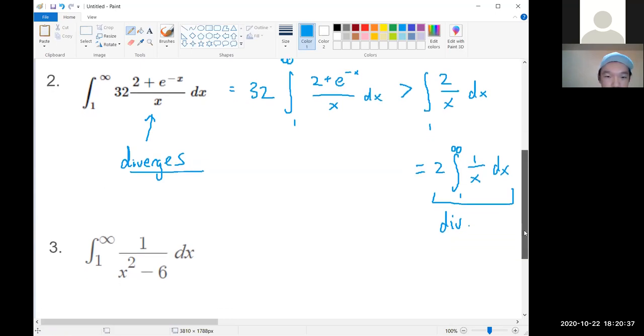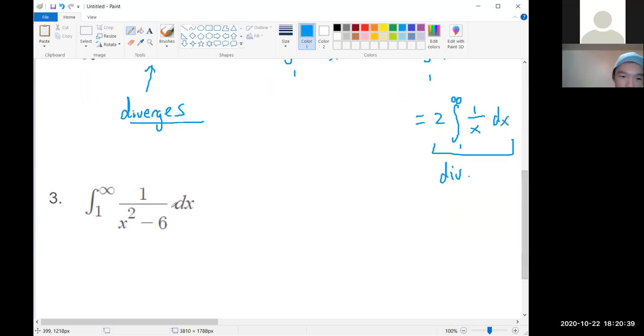All right, let's look at the last one. So here we have the integral from 1 to infinity of 1 over x squared minus 6. Okay. Who thinks they have a good integral to compare it to? 1 over x squared. Okay, so you took out the minus 6.